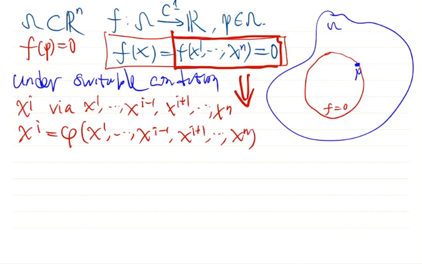This means near the point P, in the neighborhood of P, our set, that is f equal to 0, the points satisfying f equal to 0, near the point P, is the graph of a function phi.